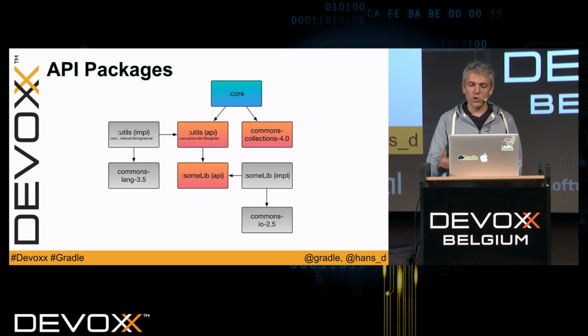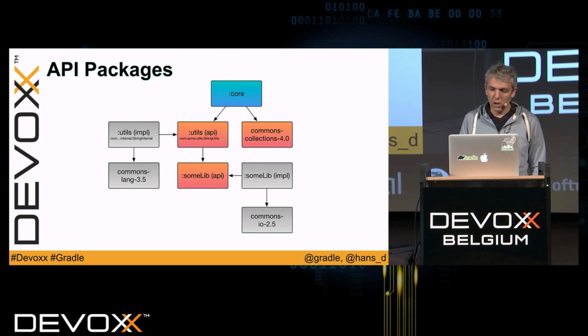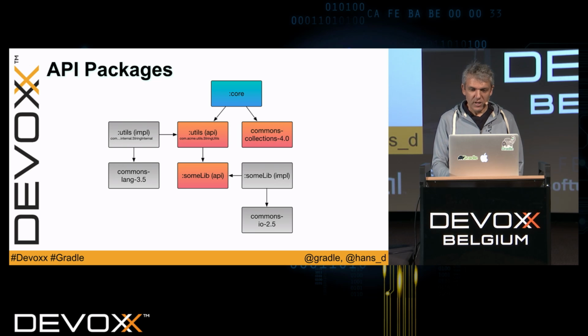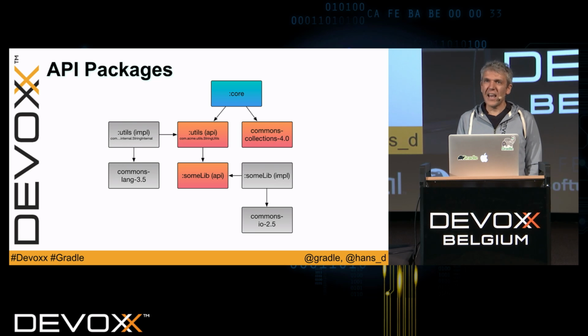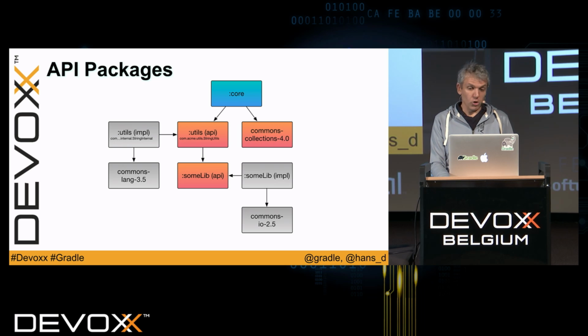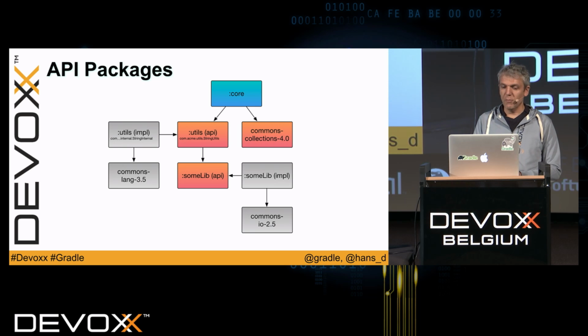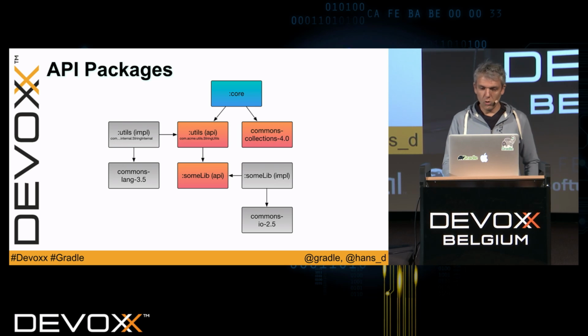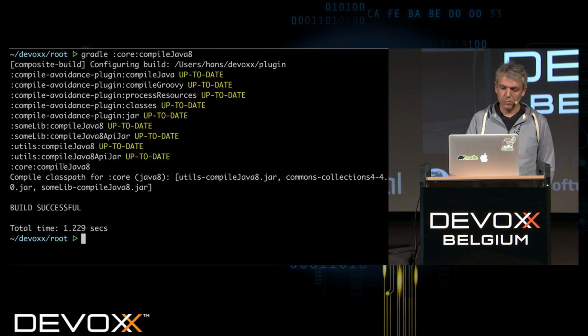Can we further reduce the surface area? When core depends on utils and sumlib, it does not depend on all classes of those modules, right? There are internal packages it should not require. Wouldn't it be nice if we could tell Gradle somehow about that fact? So let's look at the next demo.